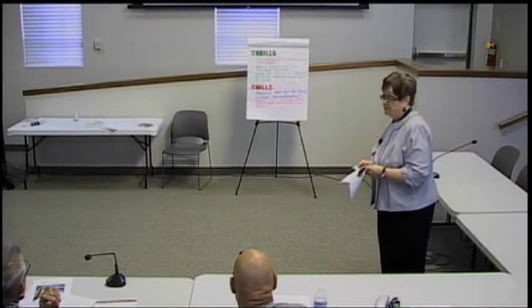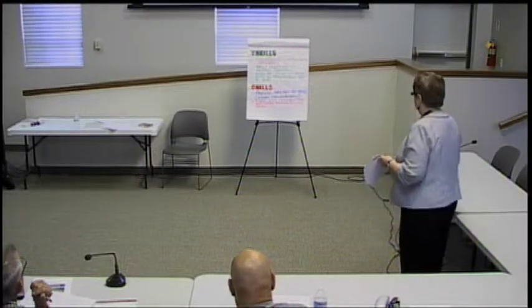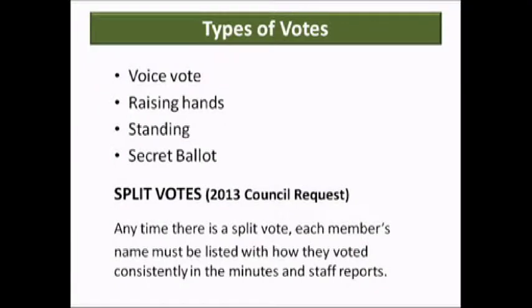And you'll see on this slide a comment about the split vote. So this is a new request from the council that split votes do have the names recorded. Absolutely 100% the right thing to do. I mean, it's one of those things where the public may want to know how people voted on a particular issue.